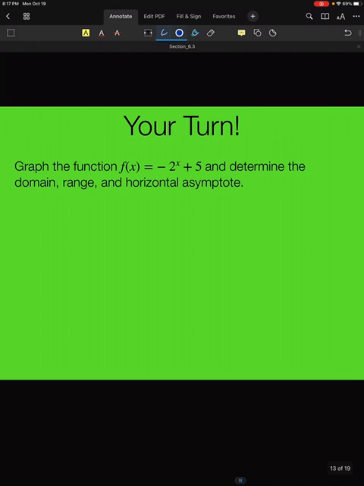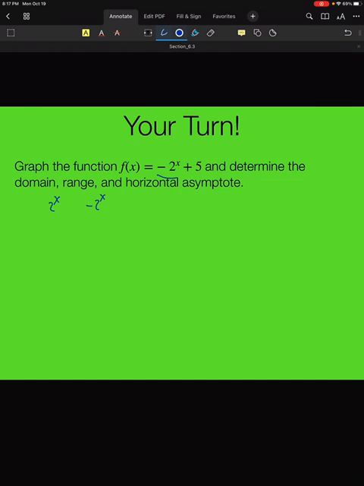Here's a your turn. Try it out. It's similar to the first example that I did, so you can look back and see what happens there. For this, I don't want you to graph. I want you to say what steps happen. Okay, and so from, say, 2 to the x to negative 2 raised to the x power there, what happened in words?